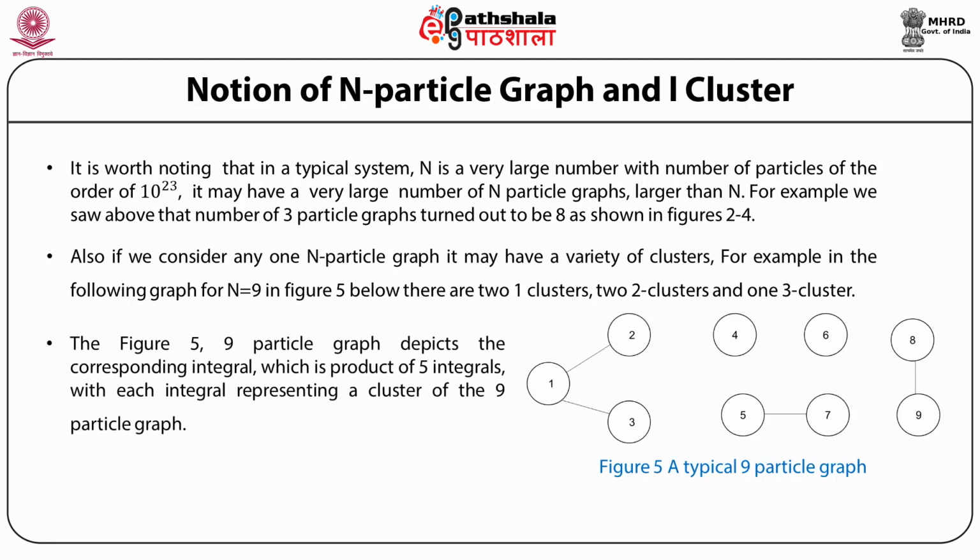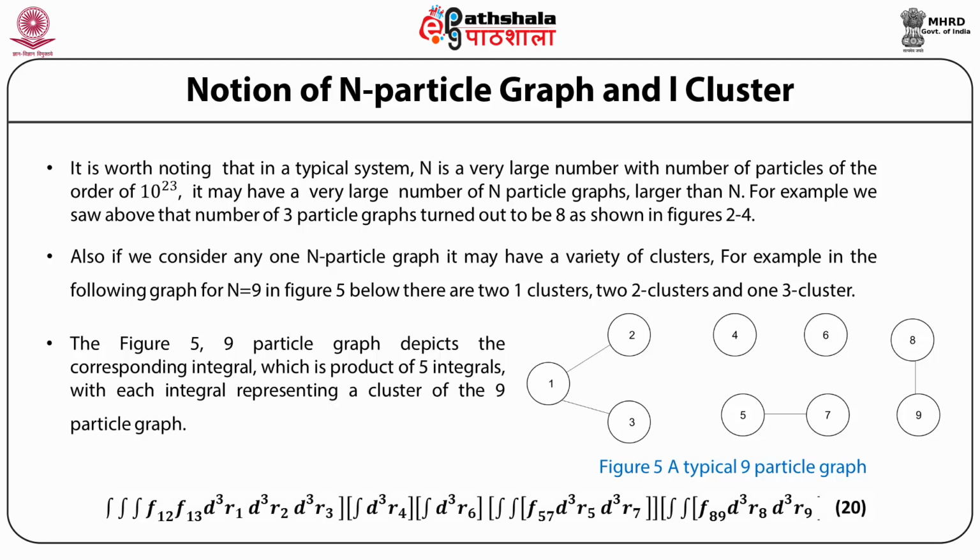The figure 5 9-particle graph depicts the corresponding integral, which is a product of 5 integrals with each integral representing a cluster of the 9-particle graph, which can be seen as a triple integral f1 over r1, r2 and r3, a single integral over r4, again a single integral over r6, multiplied by a double integral f5 over r5 and r7, multiplied by a double integral f8 over r8 and r9.